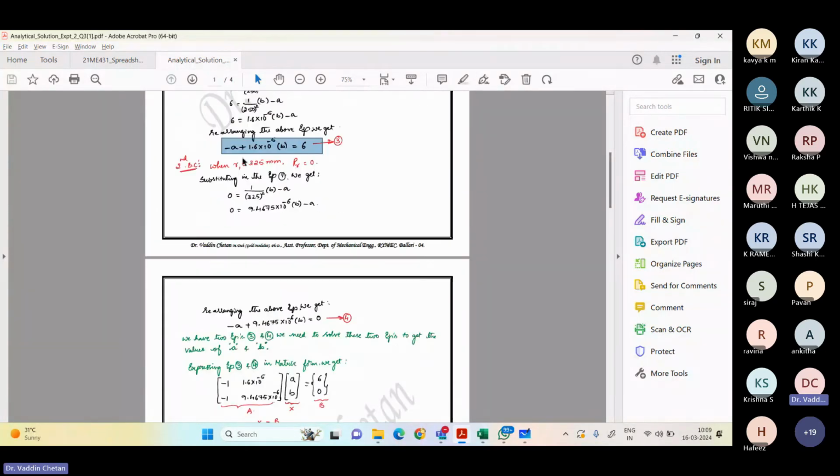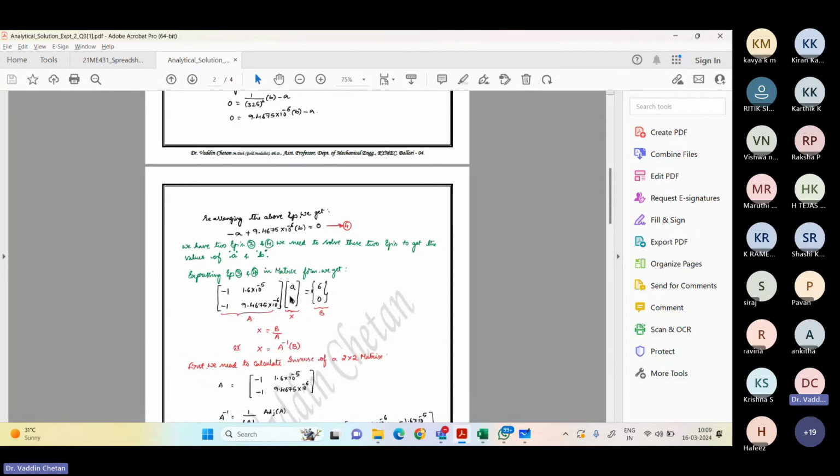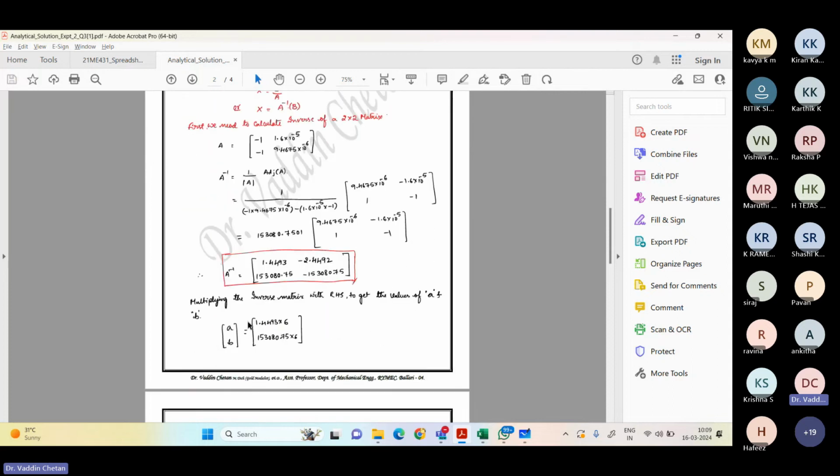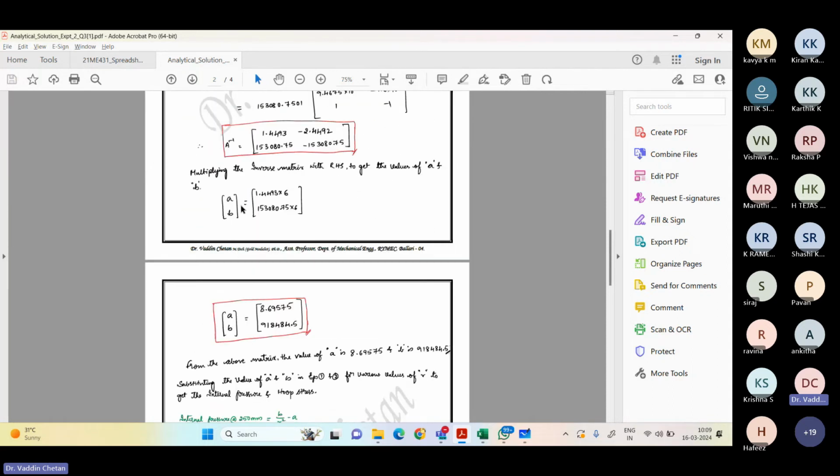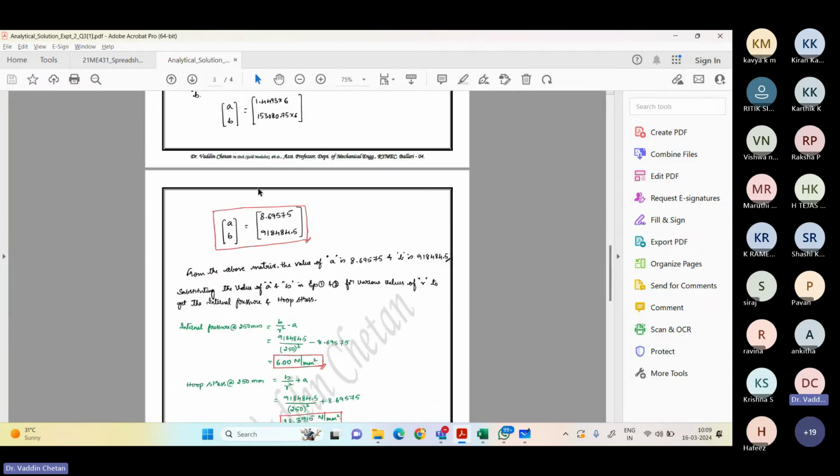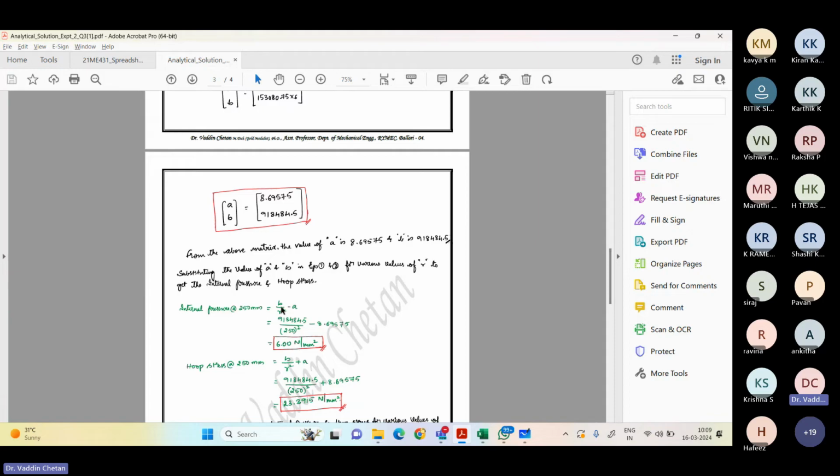While doing the analytical method, these two can be solved by using any method. One of the easiest methods, which I feel, is the matrix inversion method. I have done it using the matrix inversion method and calculated the values of A and B. Once I know the values of A and B, it's very easy to calculate the internal pressure. You only need to substitute the radius at the point you need.